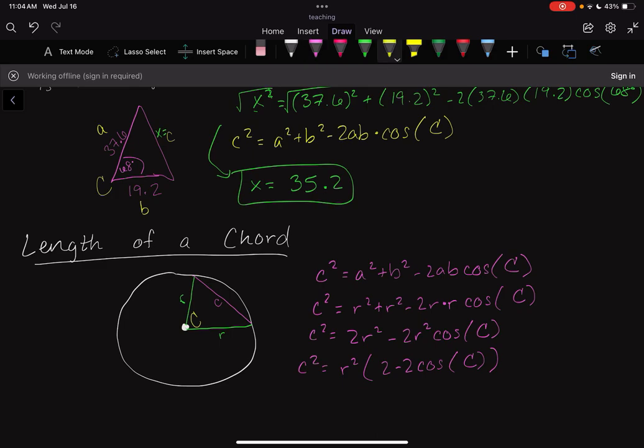My last step here, if I'm solving for c, is I want to take that square root. Square root of r squared is just r, and then I'm left with everything else in the square root. That's why I didn't want to take out the 2 with the r squared, because I was planning to take the square root.